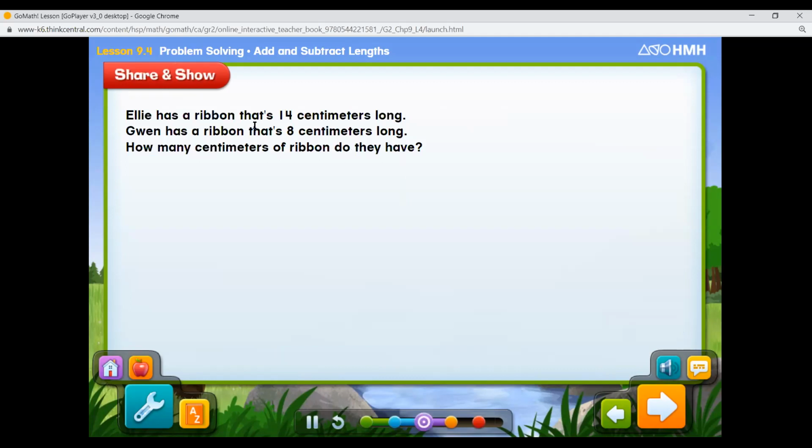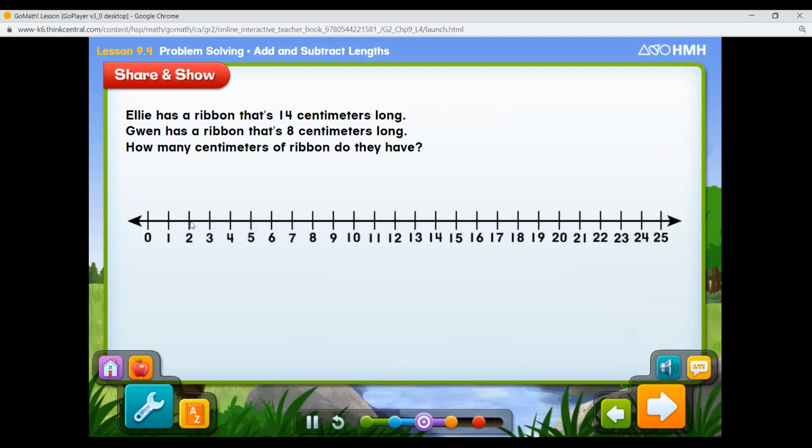Ellie has a ribbon that's 14 centimeters long. Gwen has a ribbon that's 8 centimeters long. How many centimeters of ribbon do they have? Let's use a number line to find the length of ribbon that Ellie and Gwen have. Ellie's ribbon is 14 centimeters long. Click the number on the number line to show the length of Ellie's ribbon.